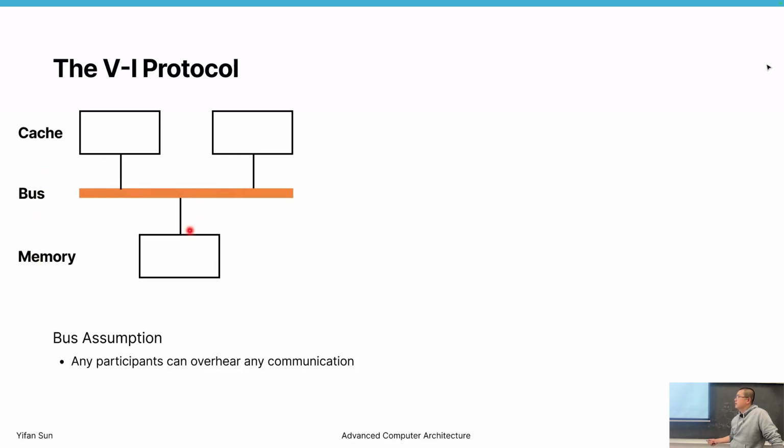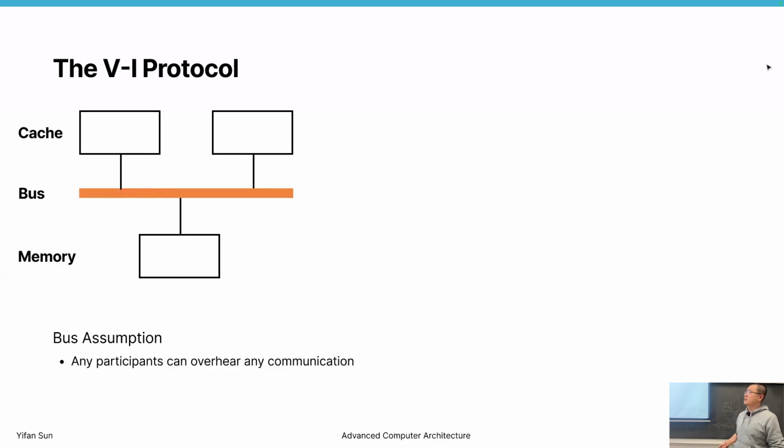This is a bus. A bus is not a very efficient design because the communication must be serialized. When there's a lot of traffic, it has to be serialized, so the bandwidth is limited.